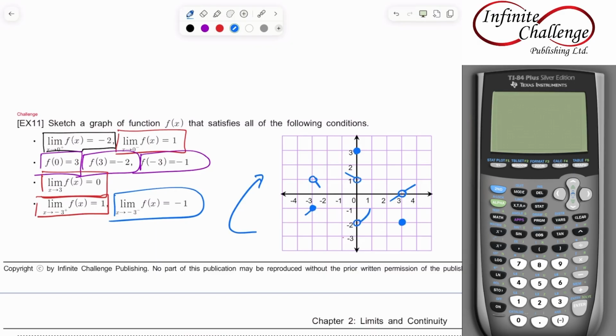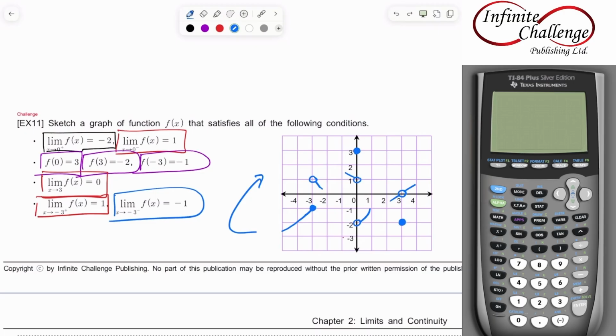Our brain's creative job now is to figure out how to connect them while still obeying what it needs. And the answer is any way you want it to, as long as it's still a function. And so all the information that we're given could look like this. And then x approaching -3 from the right-hand side can connect with that of x approaching 0 from the left-hand side.